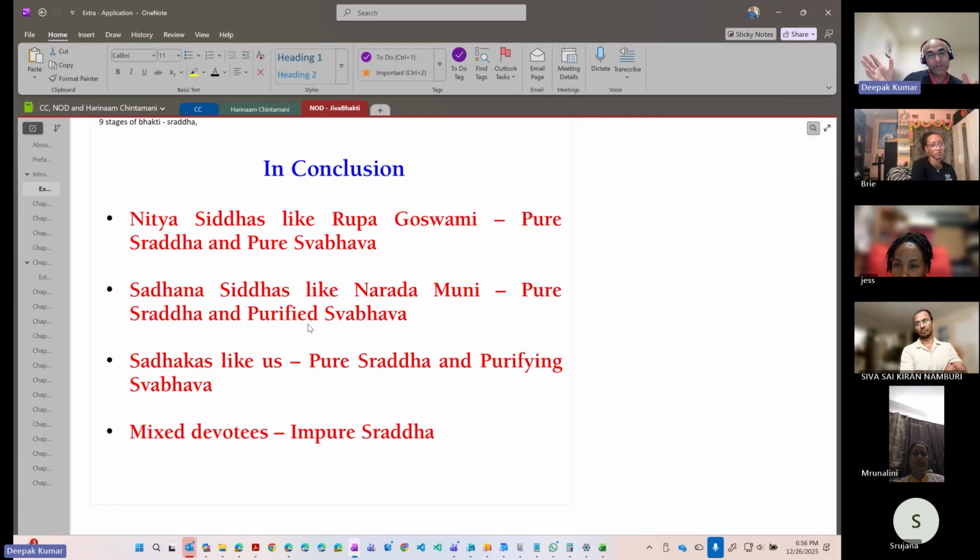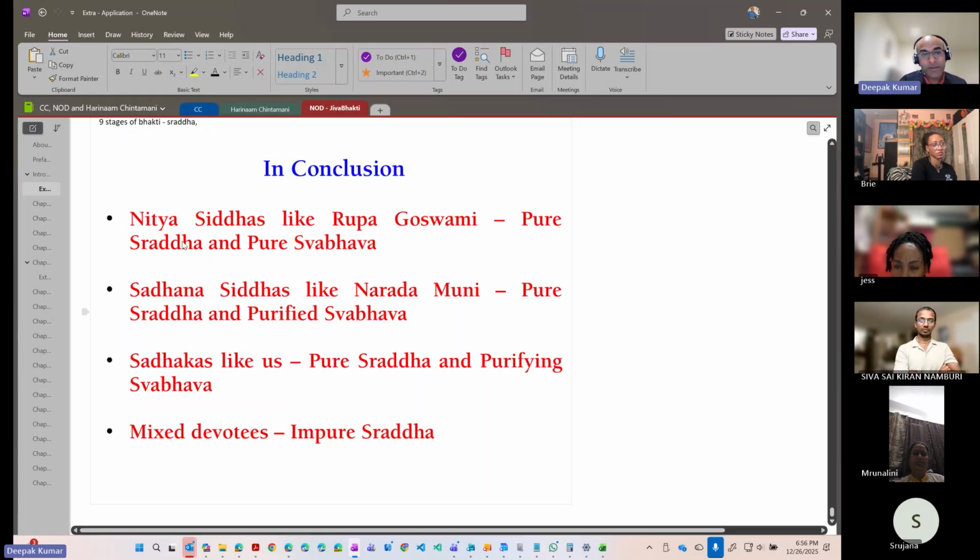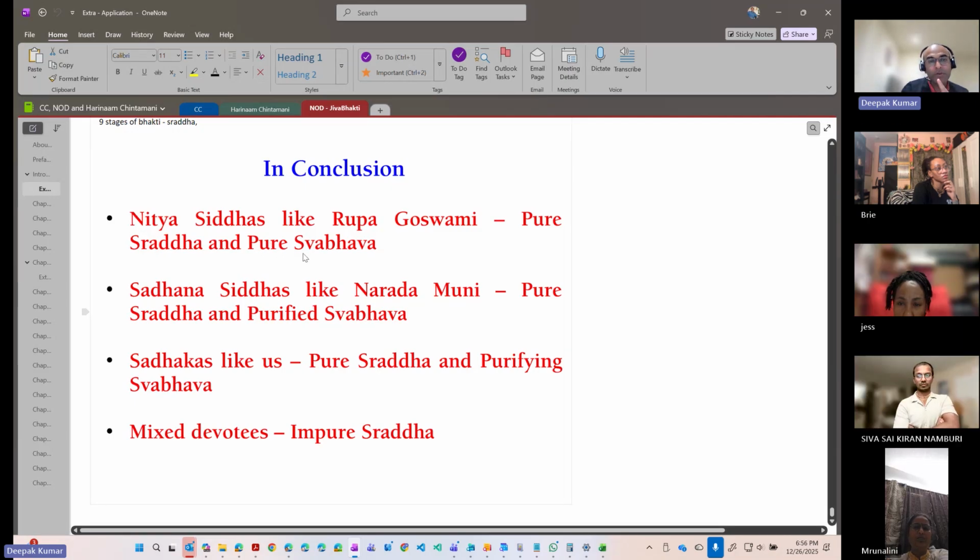And then he achieved Krishna. All the time he's singing the glory of Krishna, right? So contrasting with the first point, in this case the Rupa Goswami example is the pure Swabhava, and for Narad Muni the Swabhava, the nature, has been purified.